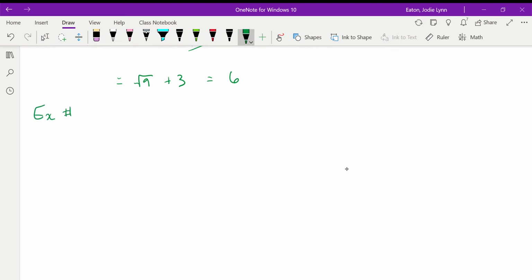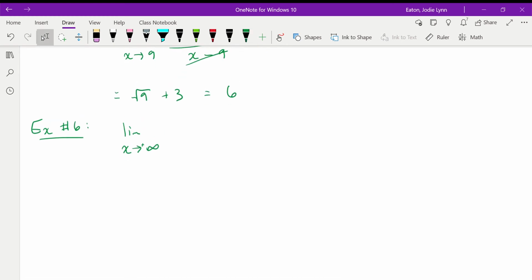So example 6. We have the limit as x approaches positive infinity of 5x plus 7 over 3x squared minus x. Okay, so I'm going to multiply by 1 over x squared over 1 over x squared.